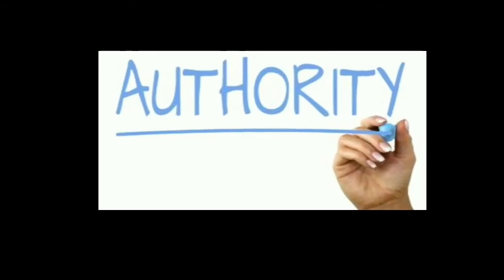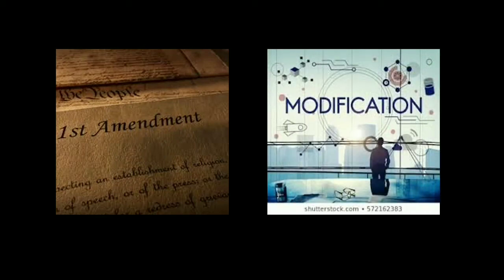We cannot make a change in terms of amendment or modification in the constitution by any one person, but it requires legal consent from both levels of the government. If you want to change something in the constitution, you have to get the consent of all the states as well as the center.